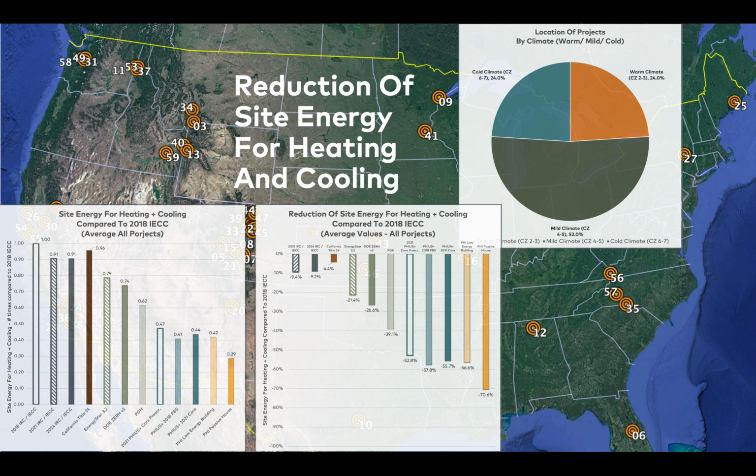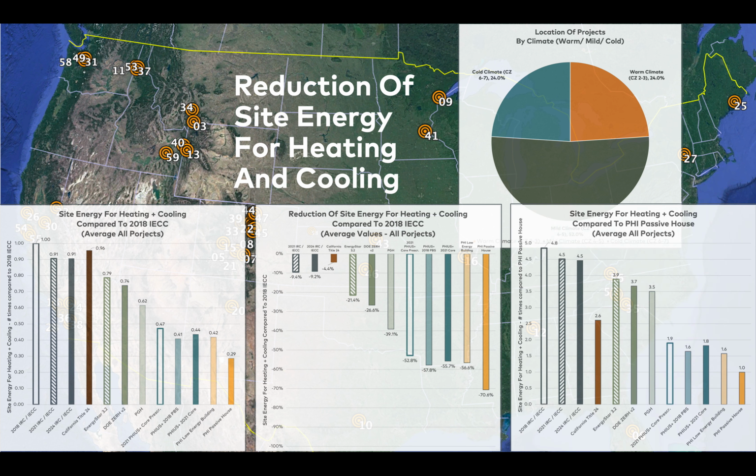But more interestingly, if you benchmark against the most efficient one, that is PHI Passive House, so if PHI Passive House is 1, then 2018 PHIUS and PHI Low Energy Building are about 1.6, so about 60% greater. PHIUS 2021 and 2021 Prescriptive are about 1.8 or 1.9, so about twice as much.